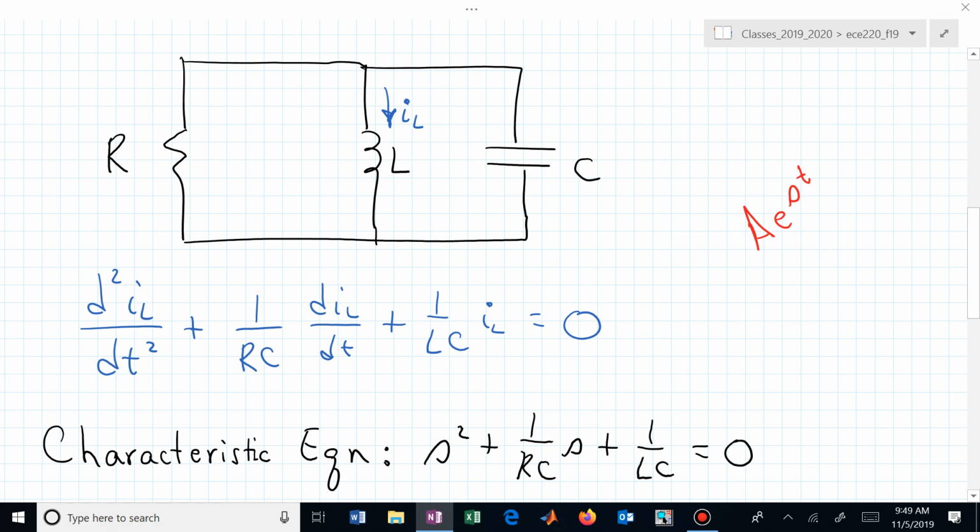Take it out. Well, taking that out means what in terms of its value? You just let it go to infinity. So the rest of the circuit sees R as an infinite resistance when you take it out effectively.